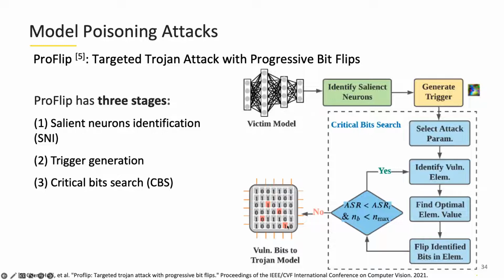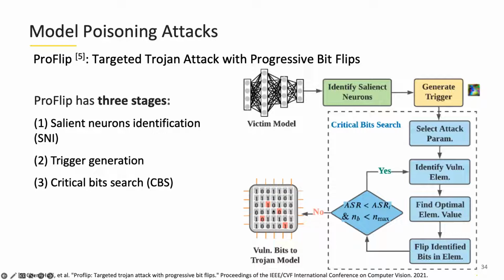And this is important because the neural network typically has a very large amount of parameters, which means that exhaustive search of the vulnerable parameter bits is not practical. So ProFlip has a strategic way to narrow down the search space of critical bits.